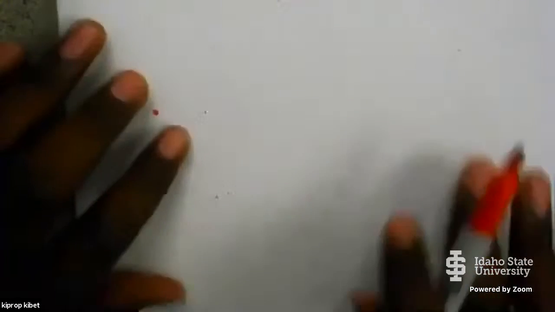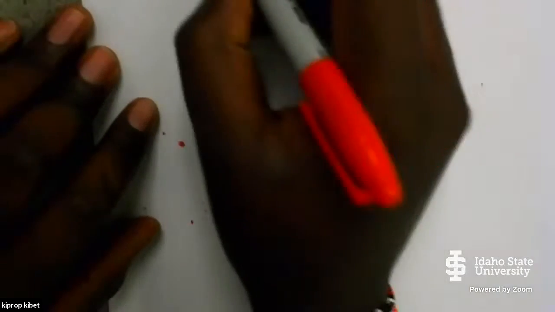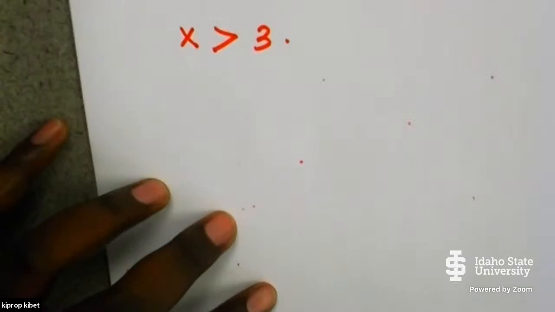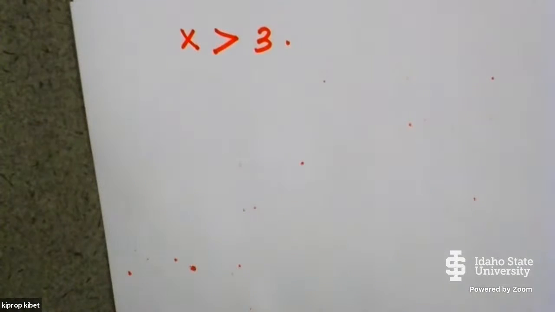All right, so we come back to our example when x is greater than 3. Then we can draw x greater than 3 on the number line. So how will we draw this?